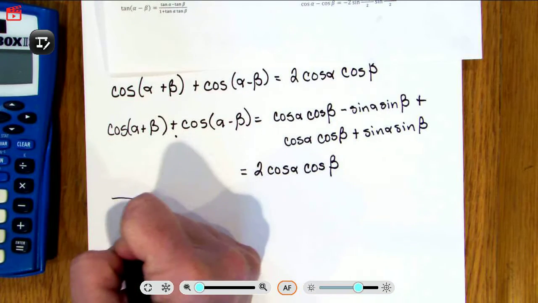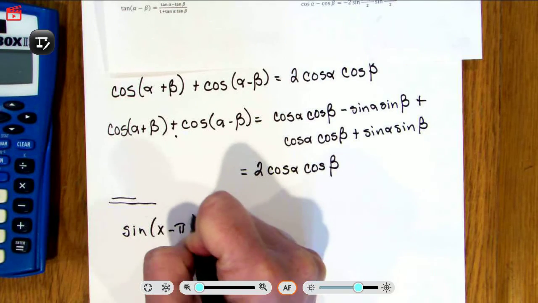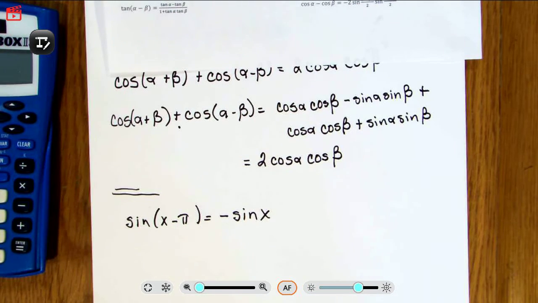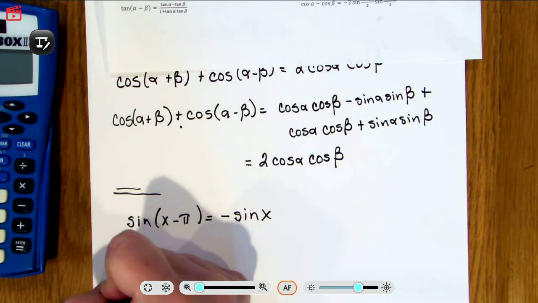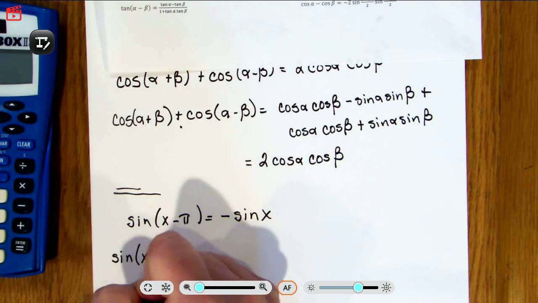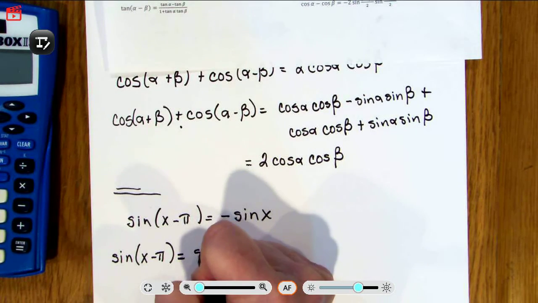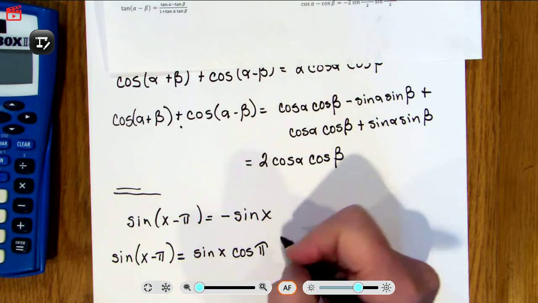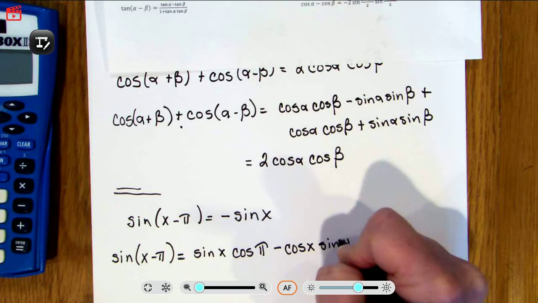All right, here's another one. Let's say the sine of x minus pi is supposed to be equal to the negative sine of x. And we could do this one graphically. You could graph this and see if it is that, but we're going to use our difference formula here, the sine of x minus pi, and see what happens. So the sine of the difference is going to be the sine of x, cosine of pi, minus cosine of x, sine of pi.